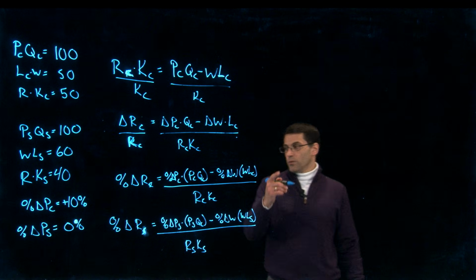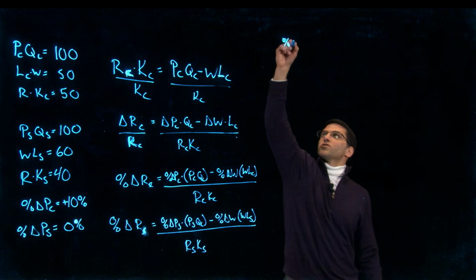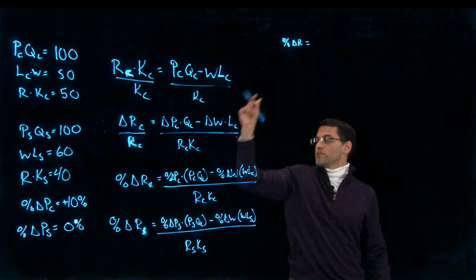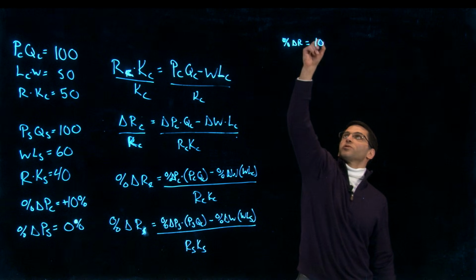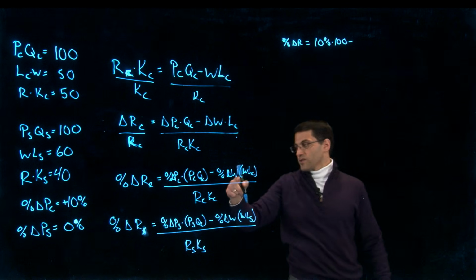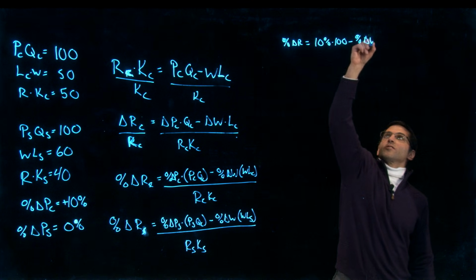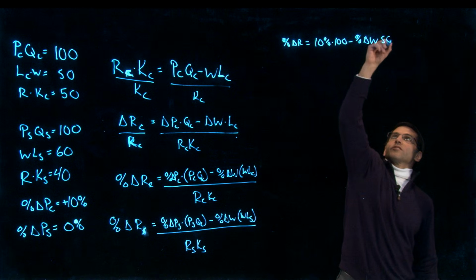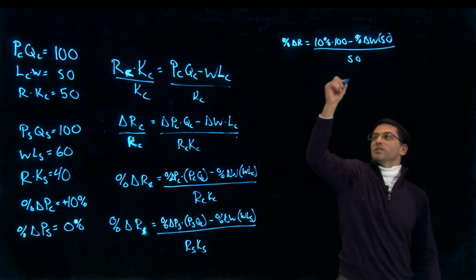So if we can start plugging in here: the percent change in the rental rate is equal to a 10% increase in the price of computers times 100 minus the percent change in the wage times 50, all over 50.